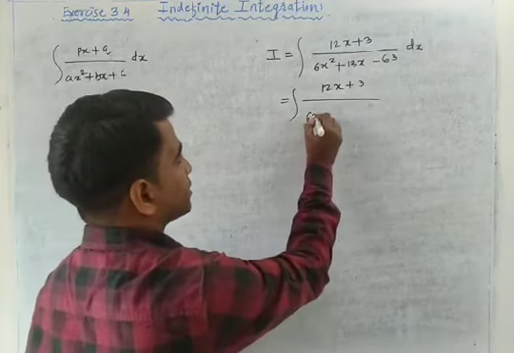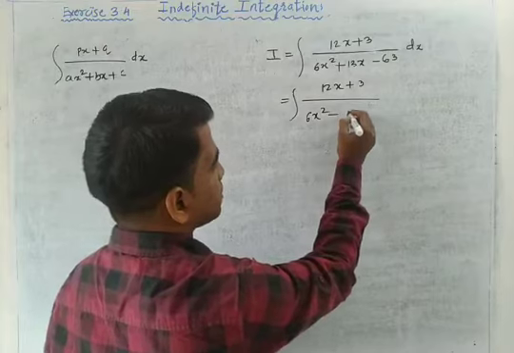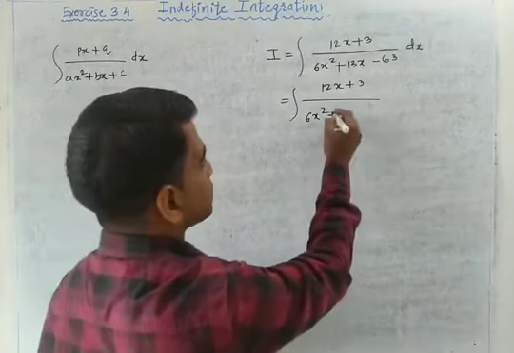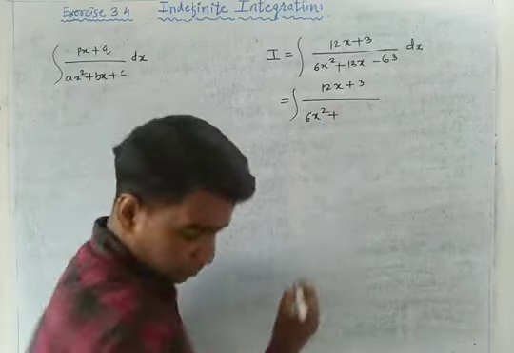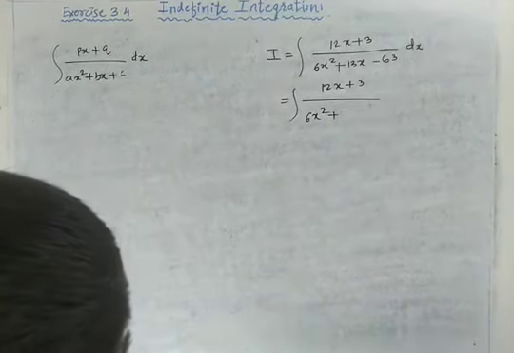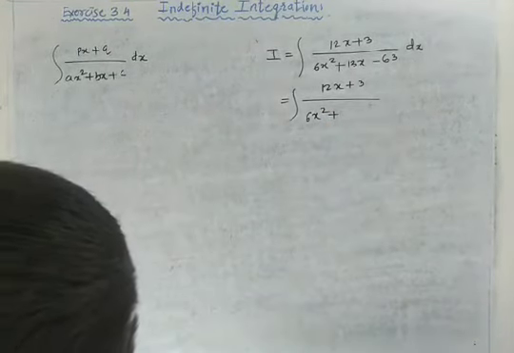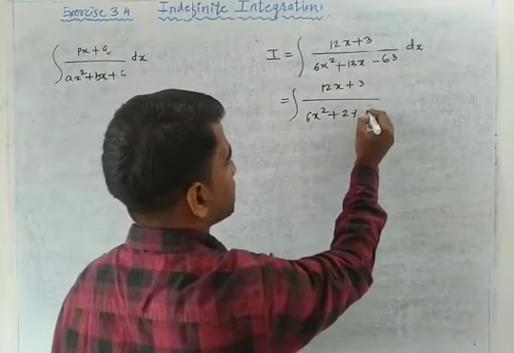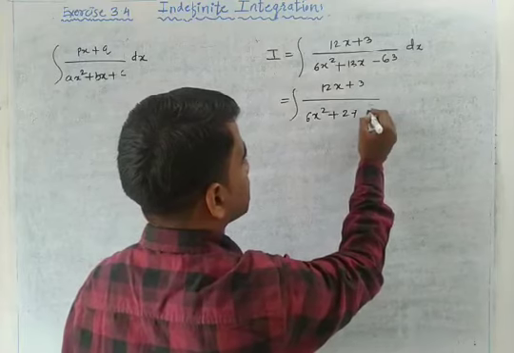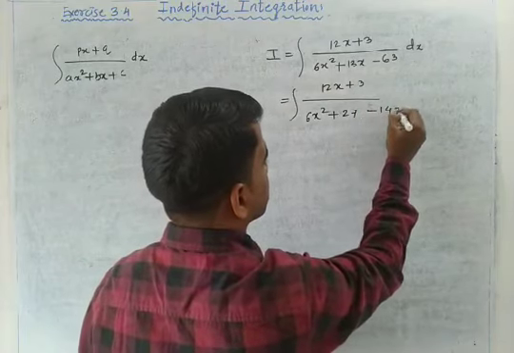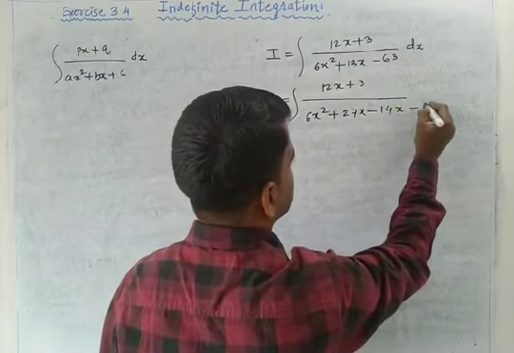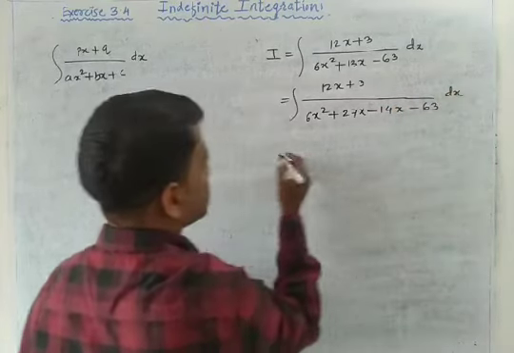So 6x square plus 27x minus 14x minus 63 dx.